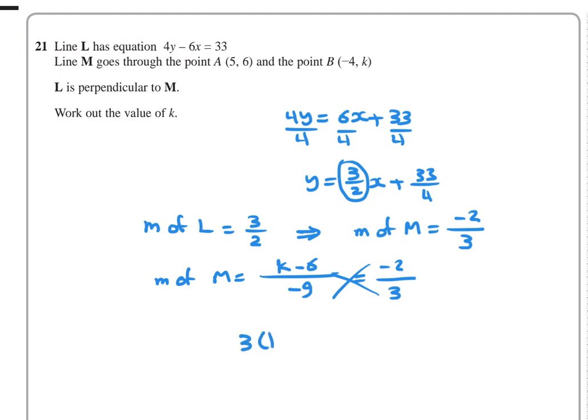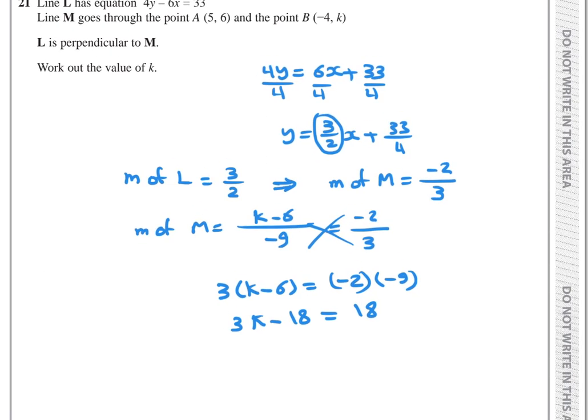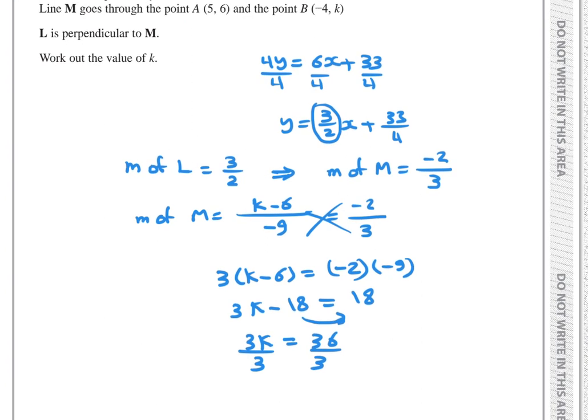So 3 into k minus 6 equals negative 2 times negative 9. So 3k minus 18 equals 18. So 3k equals 18 plus 18, transposing negative 18 to the other side as positive, which is 36. So divide by 3. So k equals 12.